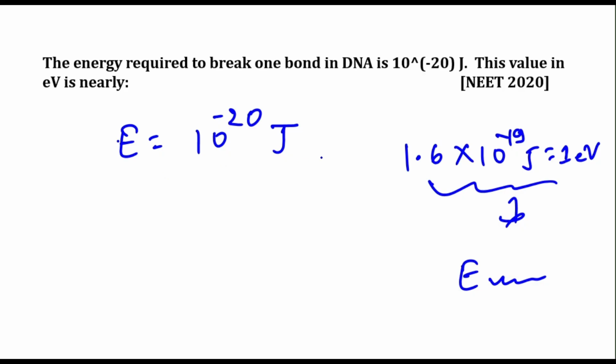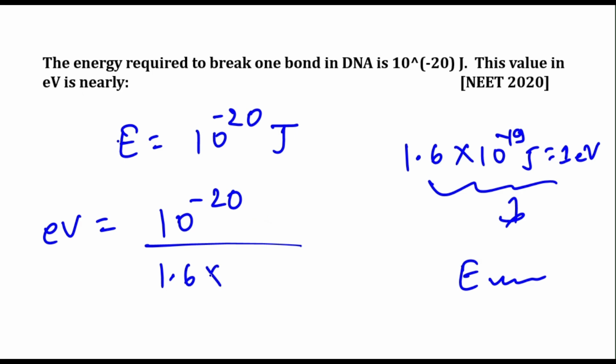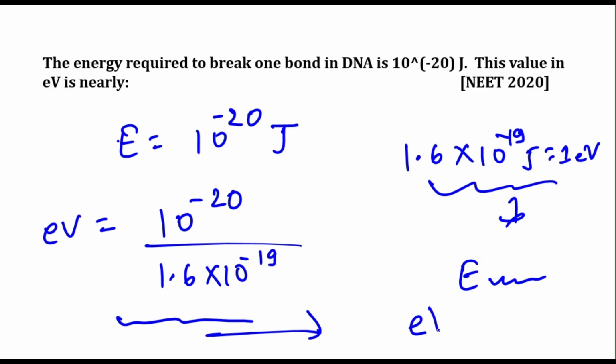So let's get back to the topic. The energy required is this much, and 1 electron volt is this much joule. So you can write it in electron volt. It should be 10 raised to the power minus 20 divided by 1.6 into 10 to the power minus 19. Just try to solve it, and whatever value you get will be in electron volt.